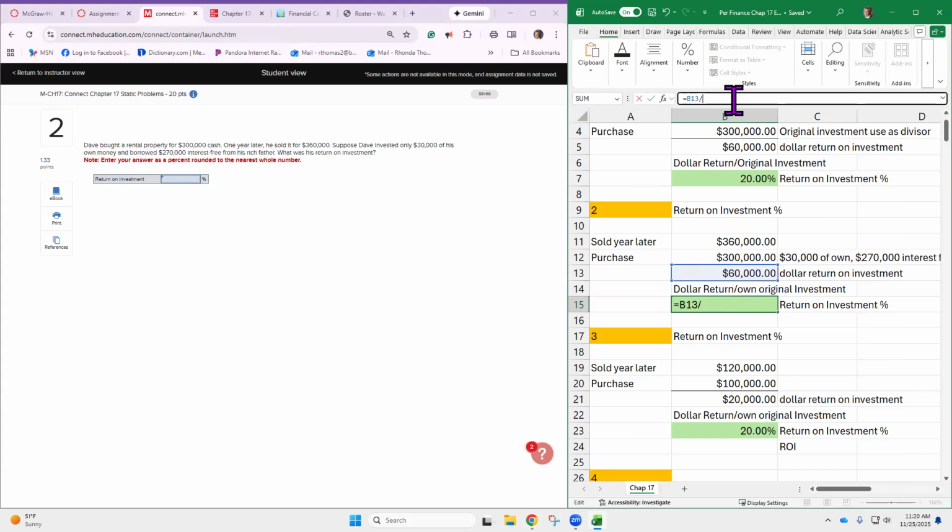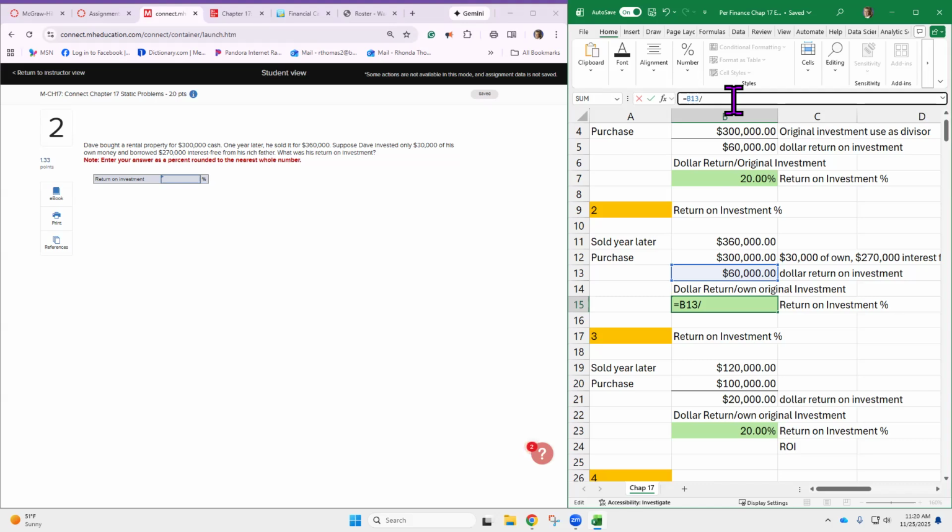I don't really think he should get to count all 60,000 because the 60,000 was made because he put 300,000 in. Are you with me? He should only get to count 20%, I think.